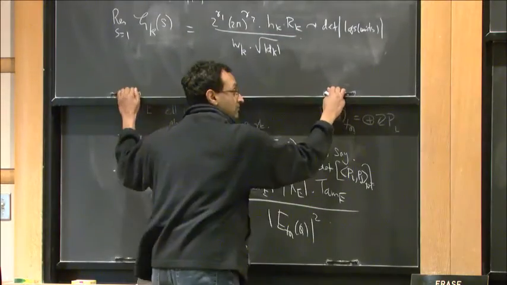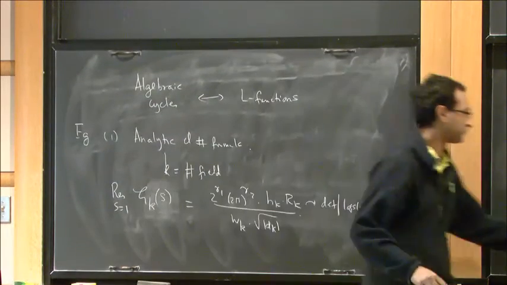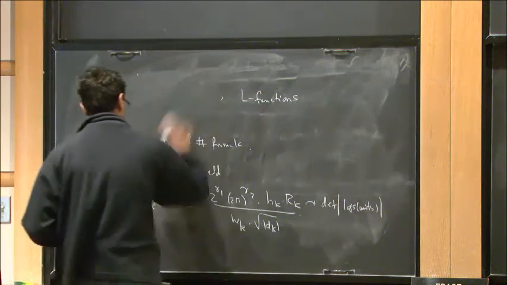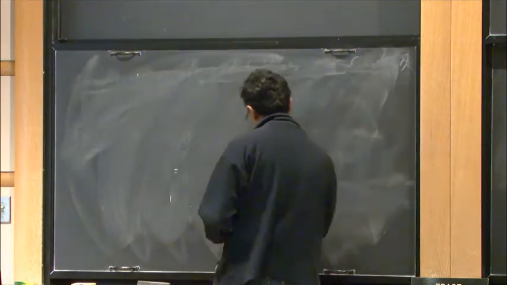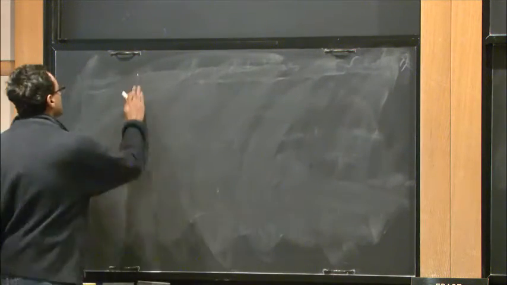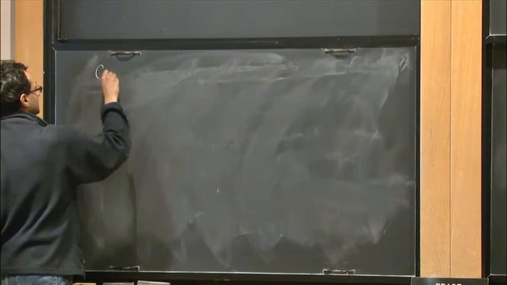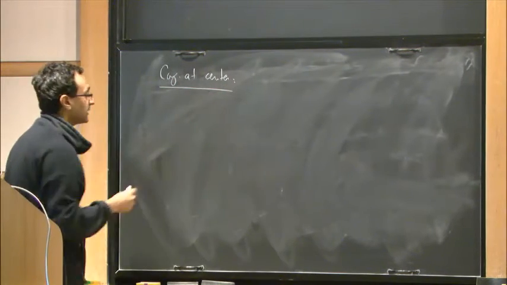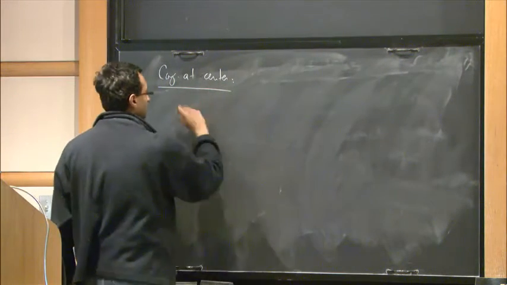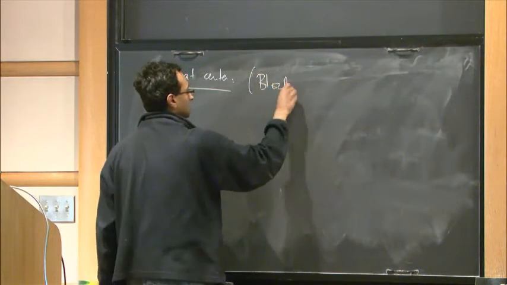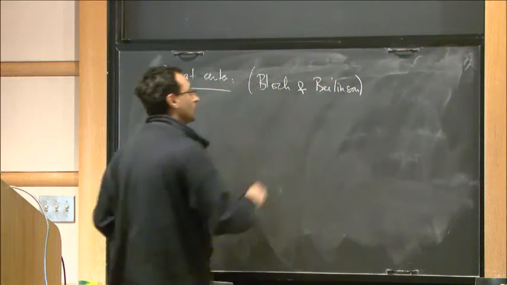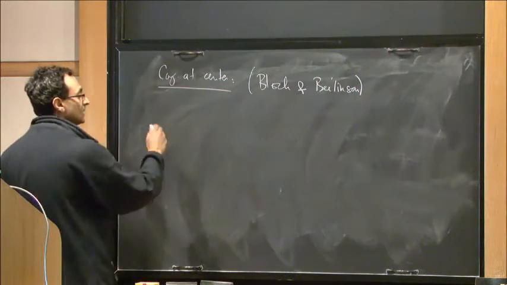So let me tell you what the general conjecture is at the center, and it's going to generalize the Birch-Swinnerton-Dyer conjecture. Okay. So the conjecture at the center is the following. I'll just state this for varieties. So let's say this is due to Bloch and Beilinson. And so what it says is the following.